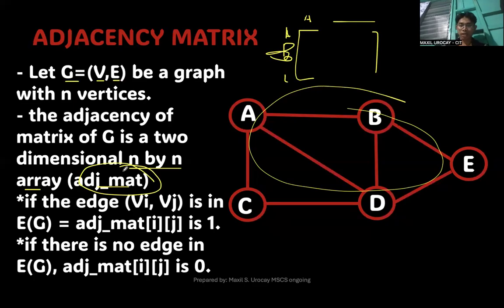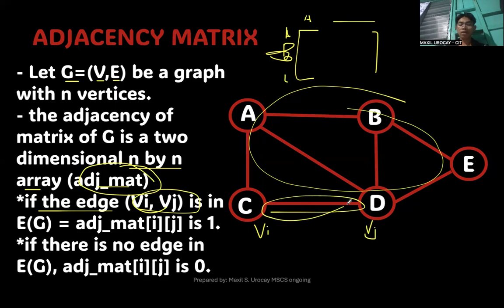So how can we know that they are adjacent? By interpreting this: let vertex Vi and vertex Vj. Say, for example, this will be your vertex I and this will be your vertex J. You compare each vertex.